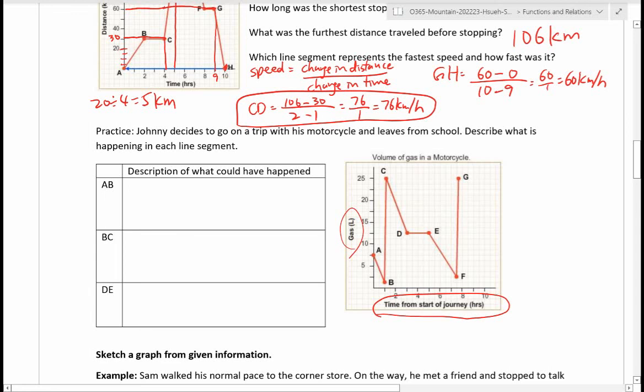For each line segment, I want you to think what it could mean, and maybe write a sentence about what could happen. We are going to do A to B, B to C, and D to E. So think about it and see if you can write a sentence about each line segment.